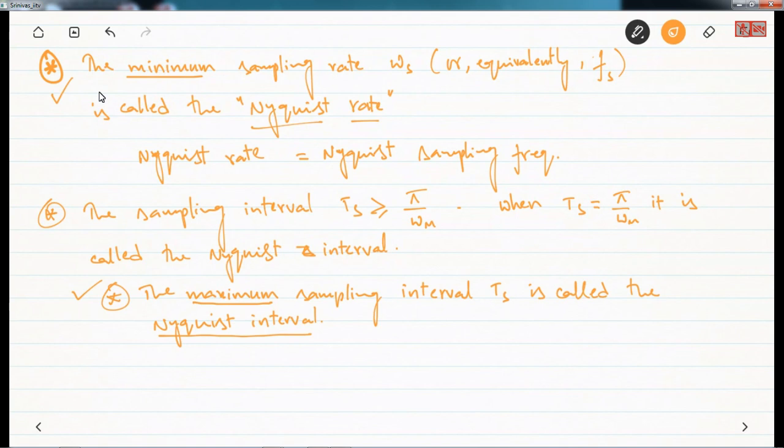Yeah, so this is all for the sampling theorem. But now we have to see, so whatever we discussed is the ideal sampling theorem, right? Okay, then we'll go back to the practical aspects of it.